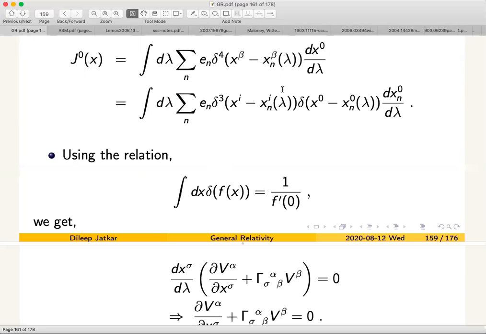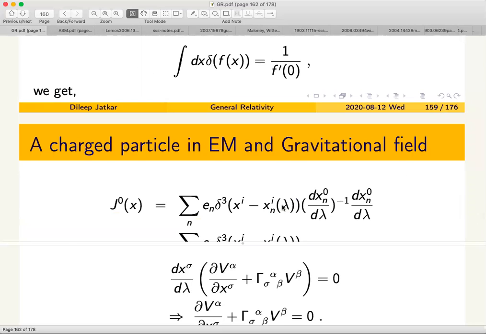In this case, the integral is being done with lambda. So you take the derivative of this quantity with respect to lambda times delta of lambda, and that would go away by using this lambda integration. But the quantity that you get is a derivative of x naught n with respect to lambda sitting in the denominator. Okay, so maybe I can remove this for the time being.